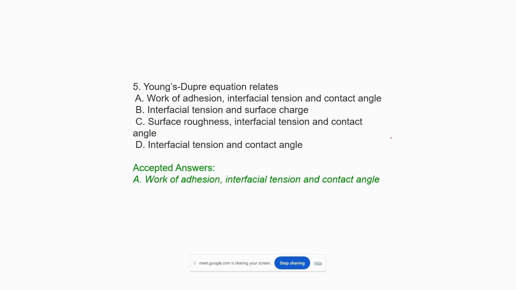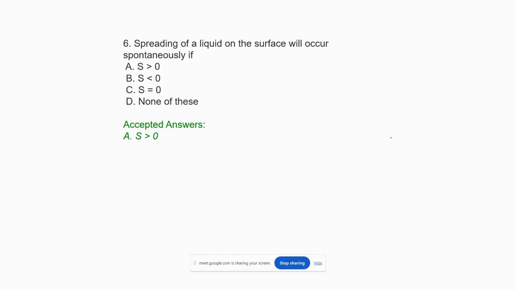Next, Young's equation relates which of the following? So here the correct answer would be work of adhesion, interfacial tension, and contact angle. And the next question, spreading of a liquid on the surface will occur spontaneously if which of these? So if S is greater than 0, then the liquid on the surface will spread spontaneously.